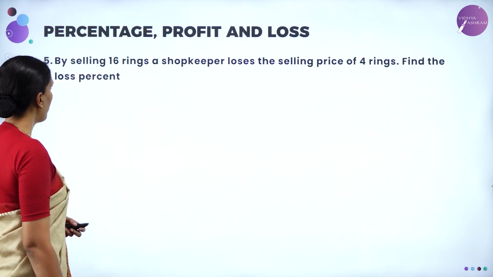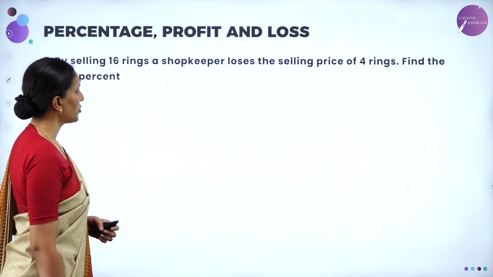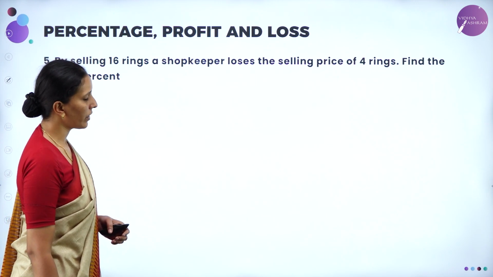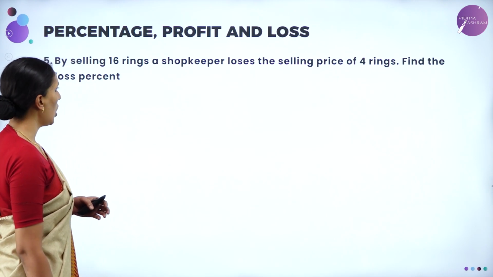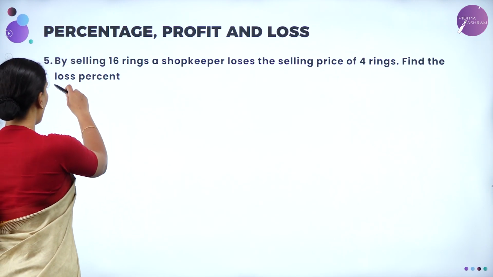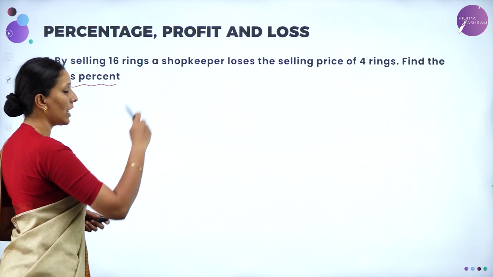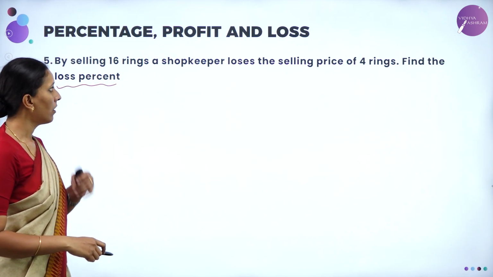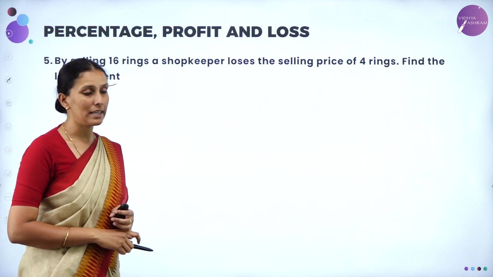Next question. By selling 16 rings, a shopkeeper loses the selling price of 4 rings. Find the loss percentage. It is clearly understood the shopkeeper incurred a loss while selling his rings.